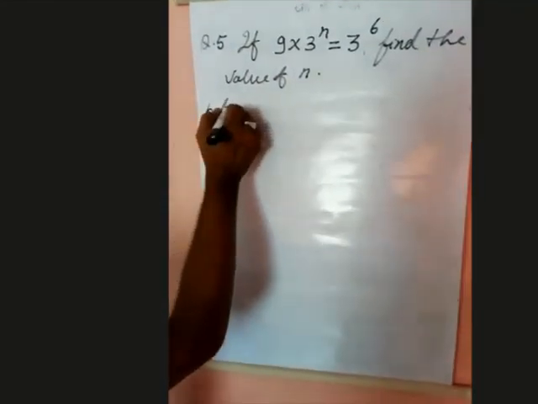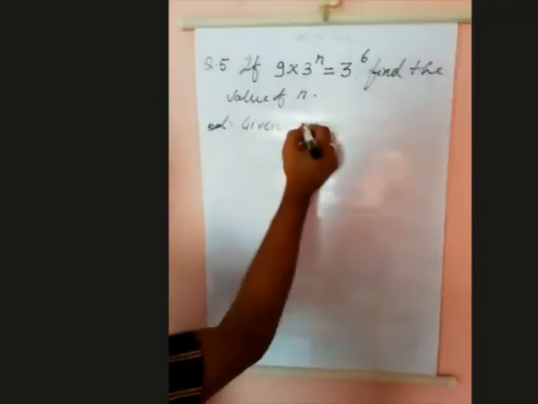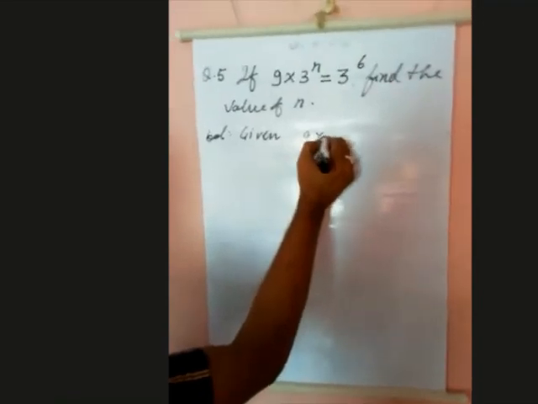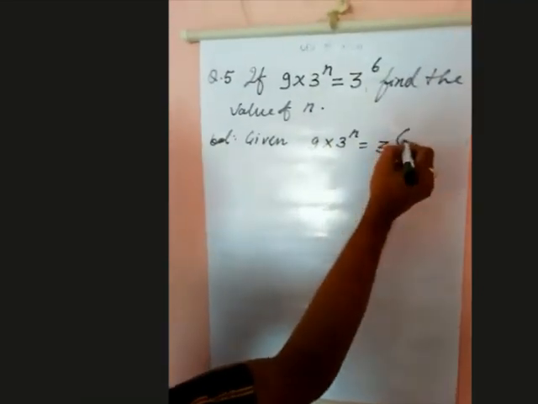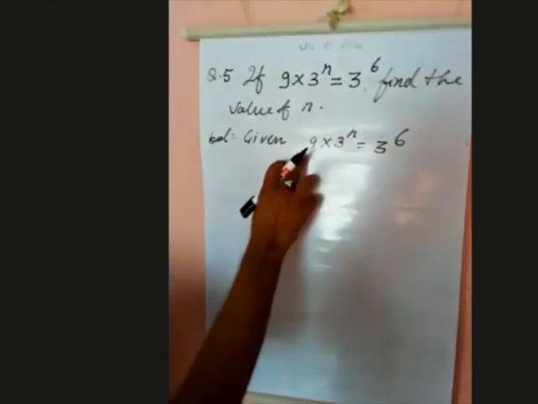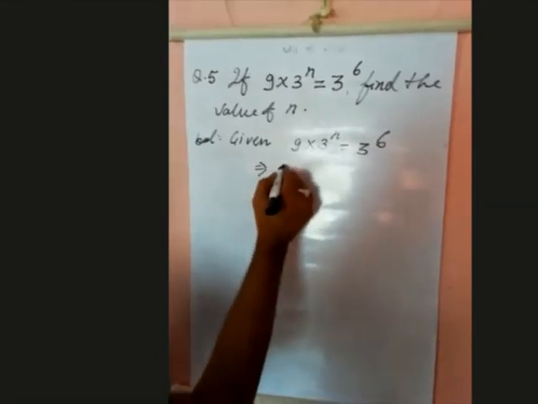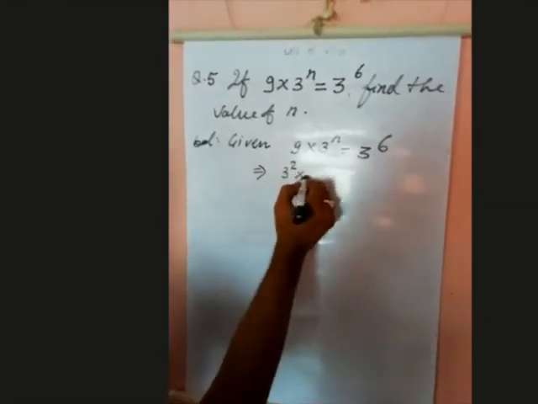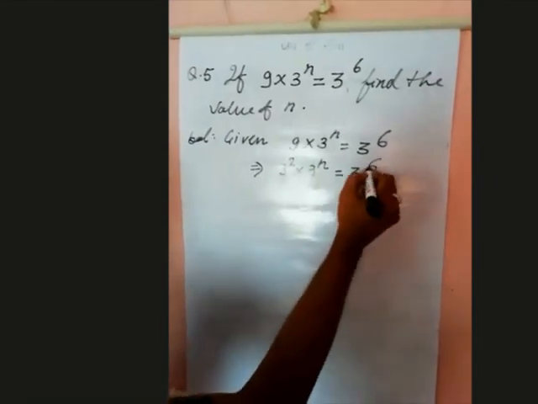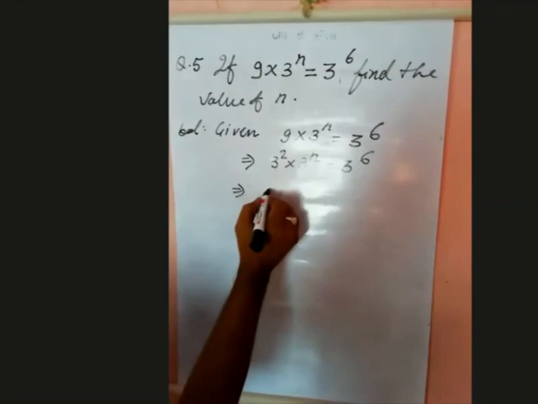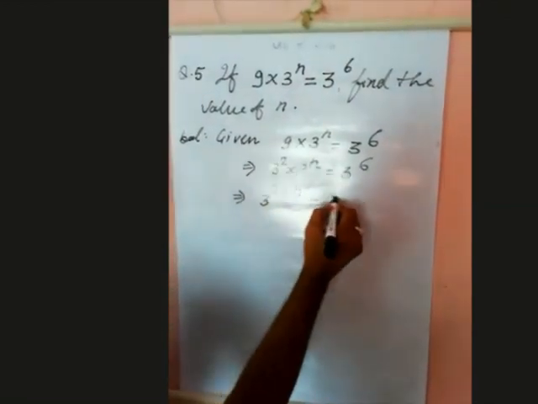Solution. It is given 9 × 3^n equals 3^6. First we change 9 to base 3: 3^2 × 3^n equals 3^6, so 3^(2+n) equals 3^6.